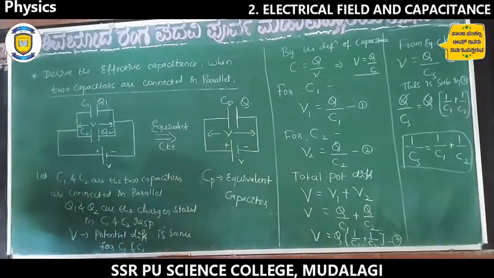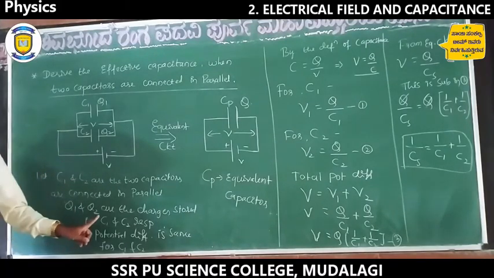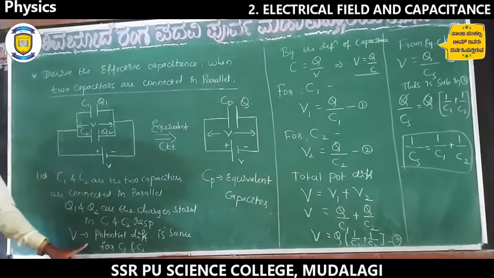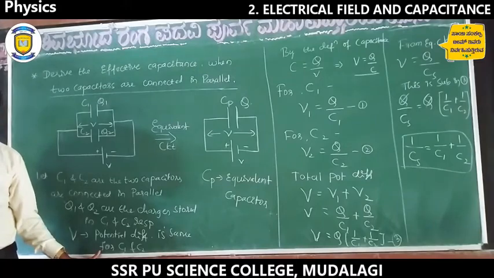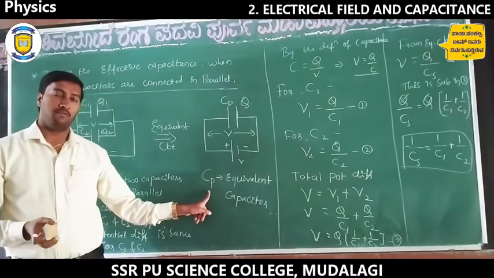Let C1 and C2 be the two capacitors connected in parallel combination. Q1 and Q2 are the different charges stored in C1 and C2 respectively. V is the potential difference for C1 and C2, but CP is the equivalent capacitor.